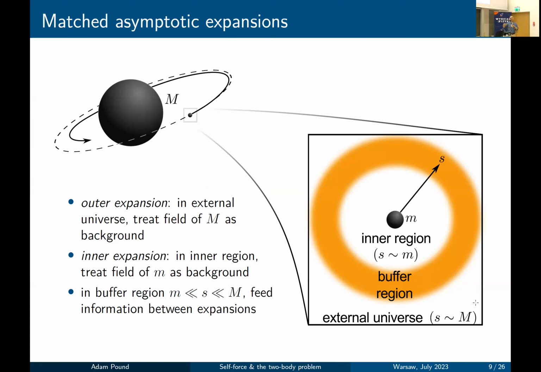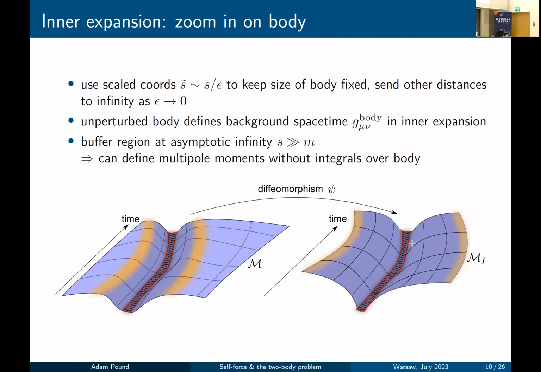You're significantly far from the small body, so you can use the expansion in the external universe, but you're close enough where the inner expansion also works. So in this buffer region, you can take information from the inner expansion and feed it out into the outer expansion. And it turns out that not much information actually feeds out. You don't need to get that much information from the inner expansion.